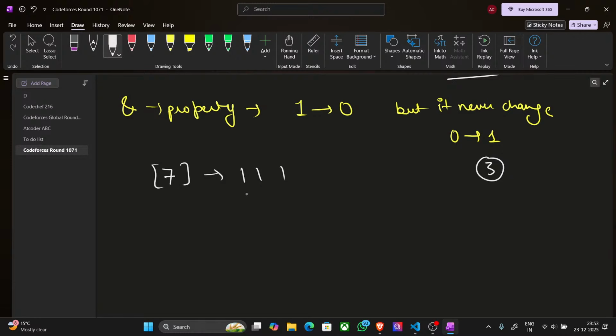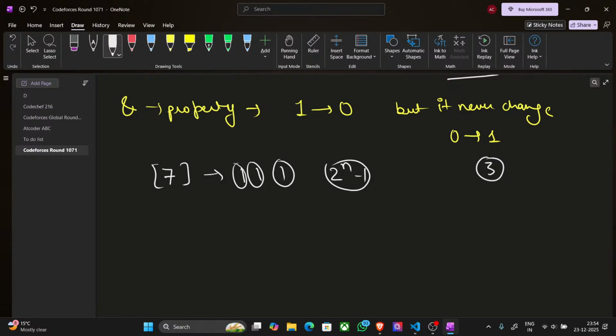Now there are 3 bits which can convert into 0. Correct? At least one of them will be converted into 0. Are you agreed with me? Because it is in the form of 2n minus 1, it is the largest element, and anything below this will convert at least one bit to 0. Yes or no?